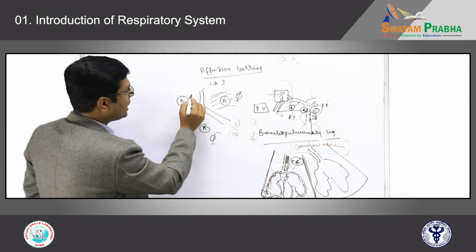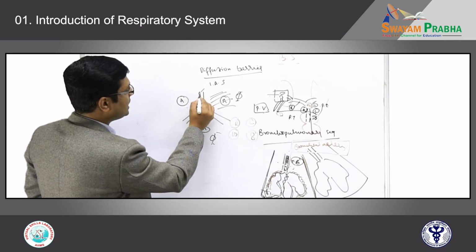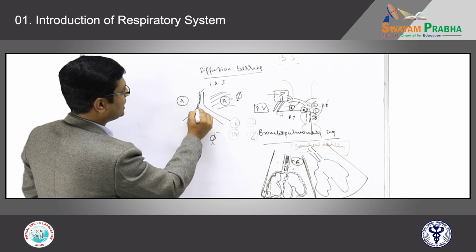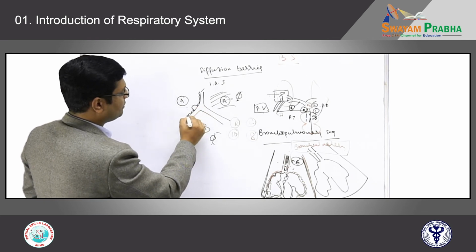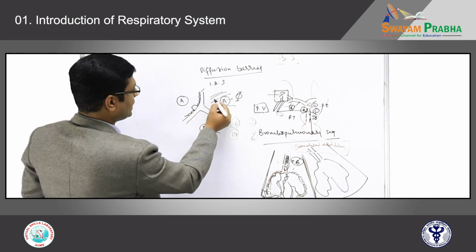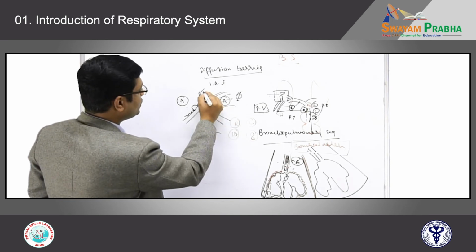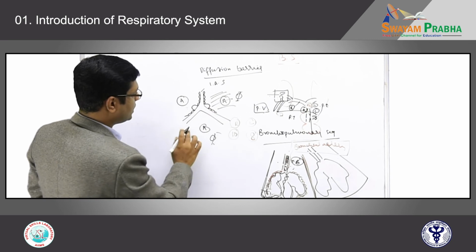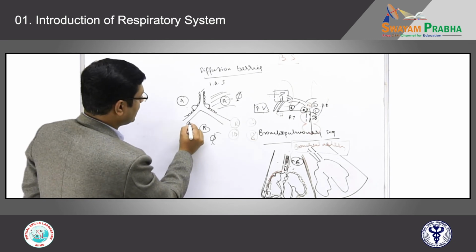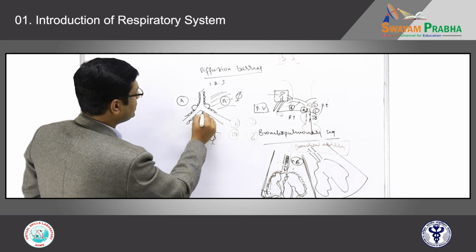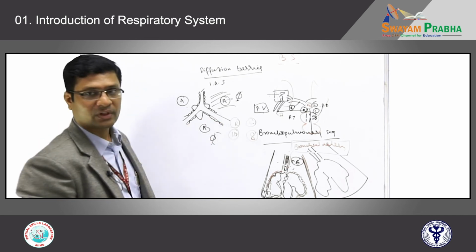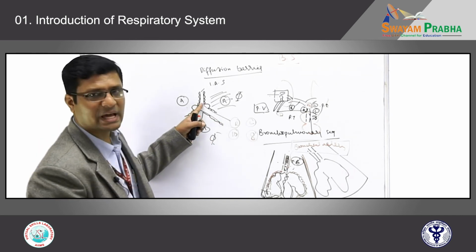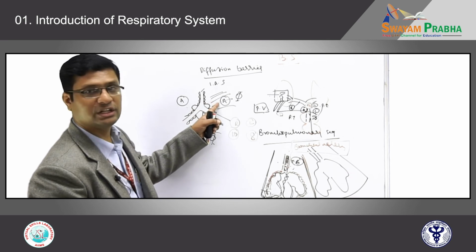This alveolus on its inner surface contains type 1 alveolocytes, occasional type 2 alveolocytes. There is one more alveolus here, it also contains type 1, occasional type 2. There is one alveolus here, type 1, occasional type 2. There is extremely scant space between these two alveoli.